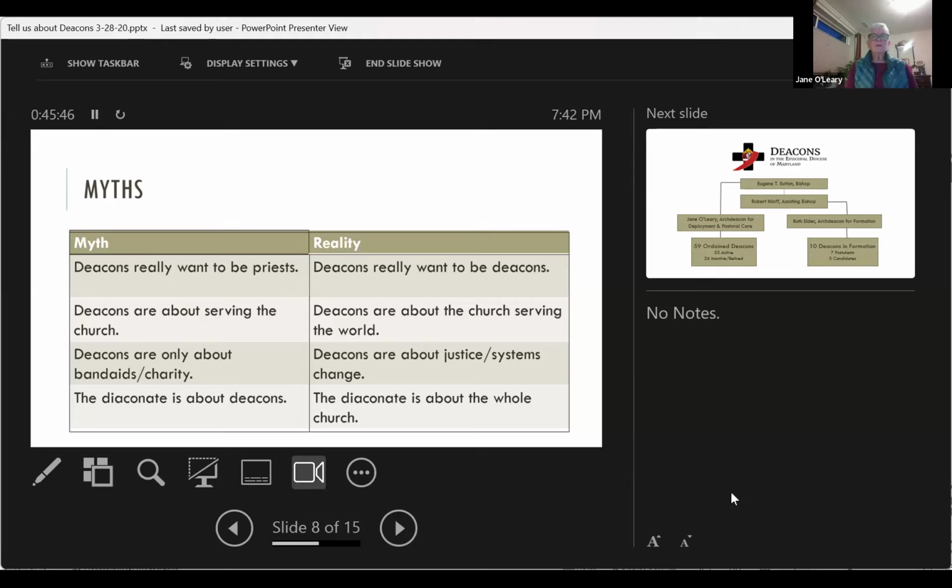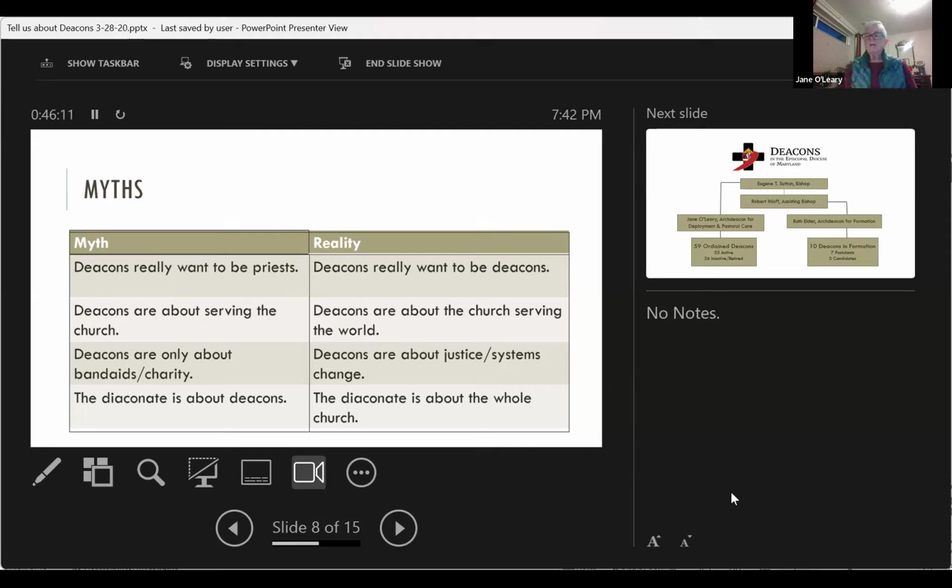Another myth. Oh, so I think this is important. The church uses the word diaconate as though that word was about the gaggle of deacons. I was ordained to the diaconate. We just use that as a collective term for deacons.